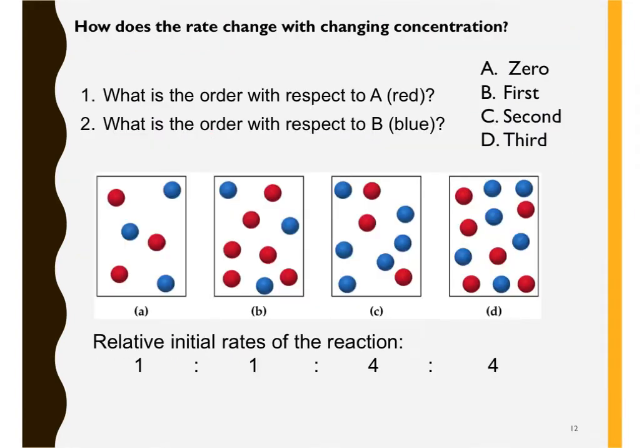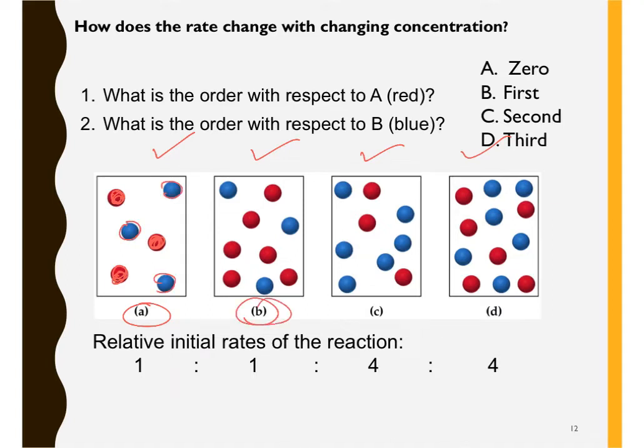Here are some models representing different reactions. We have 4 different reactions, and the only difference in these reactions is the initial concentration of the reactants. So for example, looking at box A, the concentration of reactant A is 3, and the concentration of reactant B is also 3.